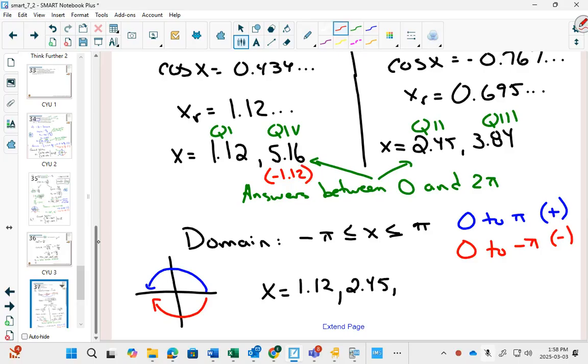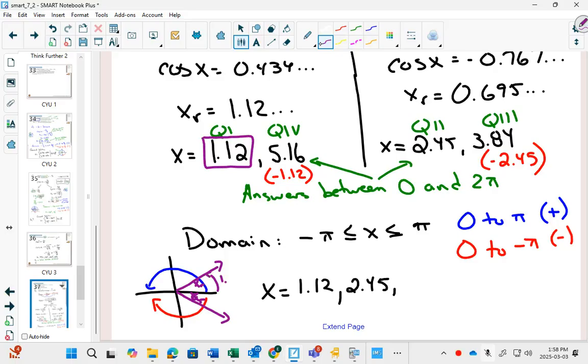And we need to rewrite this one as a negative angle. 1.12 is here, and 5.16 had the same reference angle in quadrant 4.